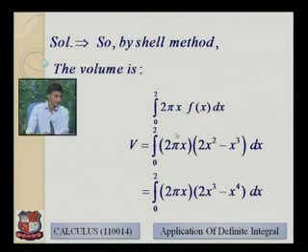Here 2 pi x is the circumference, and f of x, as we have seen, is the height of the given cylindrical cell, that is 2x square minus x cube, and instead of delta x we consider dx, as we have to integrate with respect to x. Then it is 2 pi, x multiplied with this bracket, it will be 2x cube minus x raised to 4.